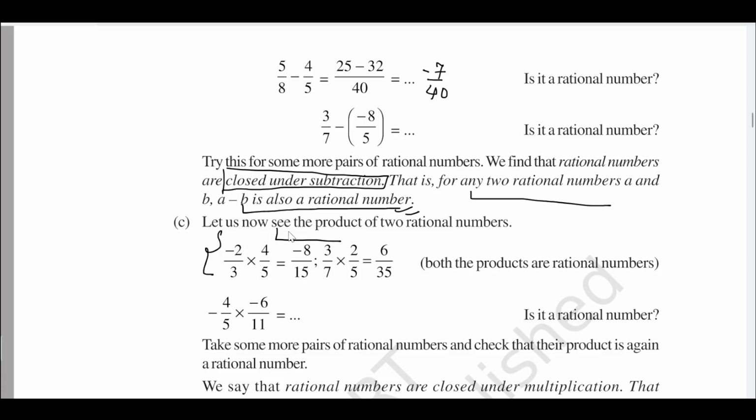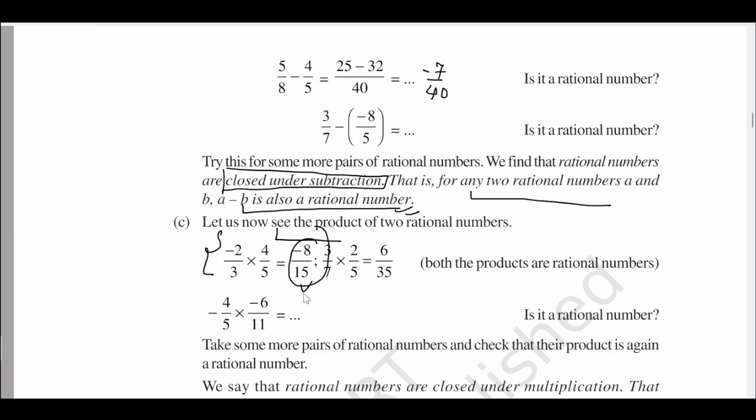Now we will check whether rational numbers follow the closure property in the case of products or multiplication. In the first example, minus 2 by 3 into 4 by 5, what do we get? Minus 8 by 15.